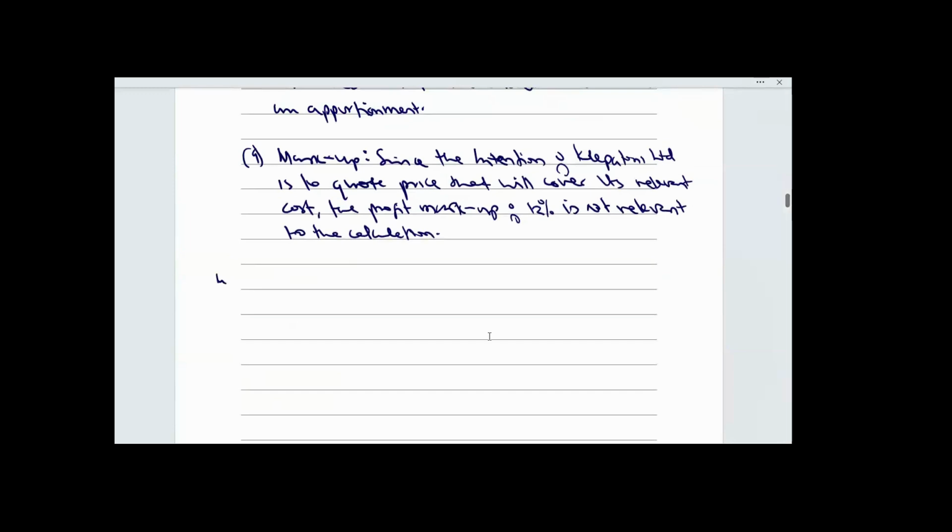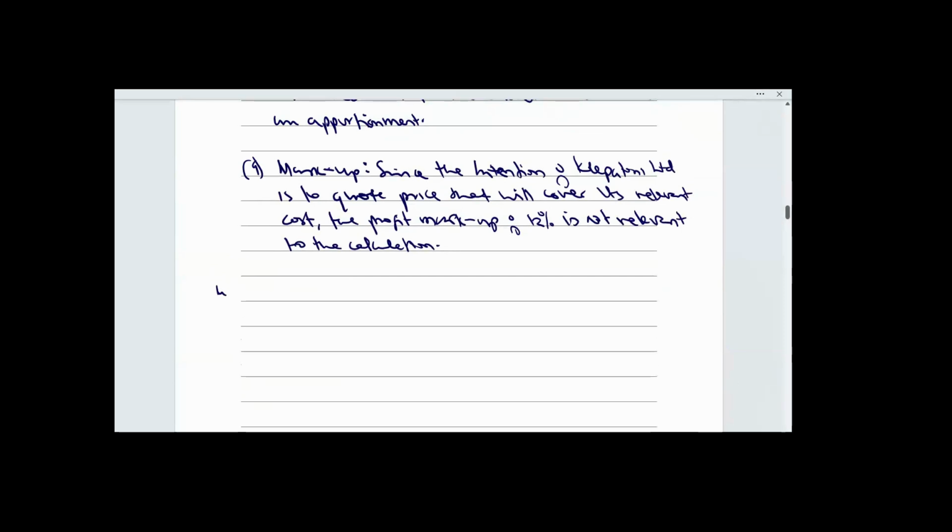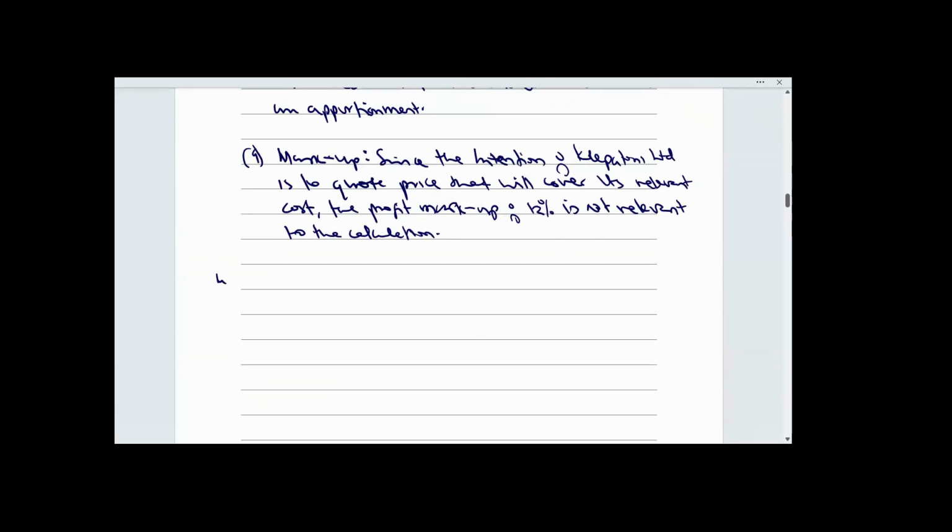Number B part of the question, what you have to do: explain two reasons why relevant costing may not be suitable approach to pricing houses in the longer term for Klepatoni Limited. Then number C, recommend with justification a pricing strategy Klepatoni Limited should use to price the innovative, environmentally friendly houses when they are launched in the new country.